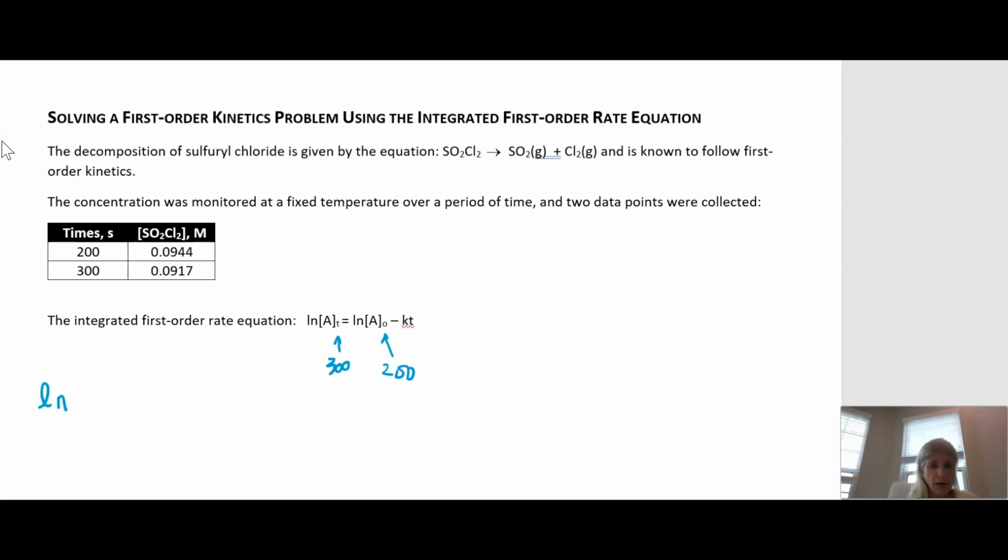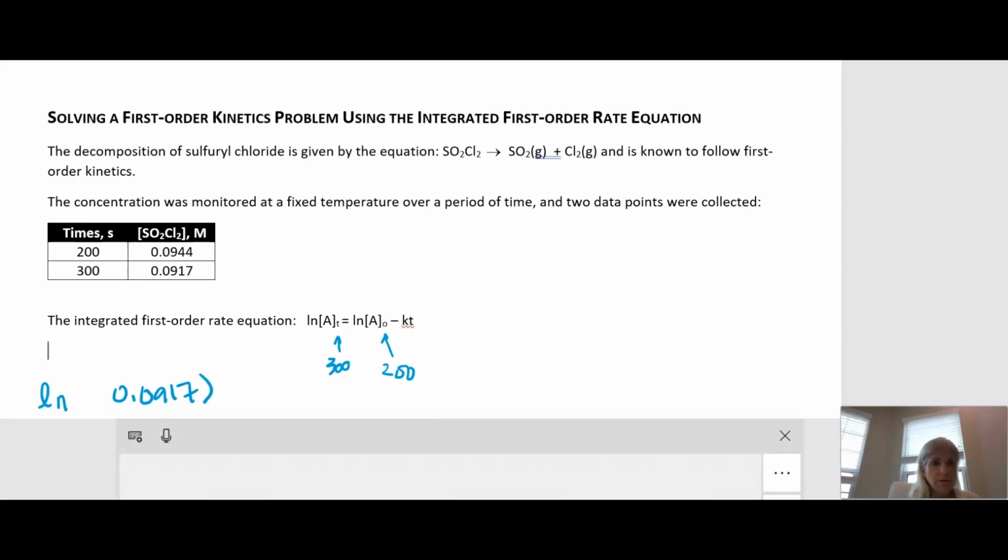So natural log of the concentration at time t, that's 0.0917, equals the natural log at the initial time, for us that's 200 seconds, minus k, which we don't know, times the difference in time, which is 100 seconds.